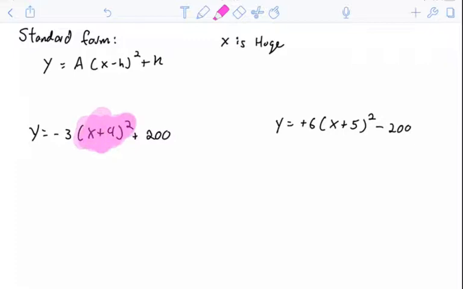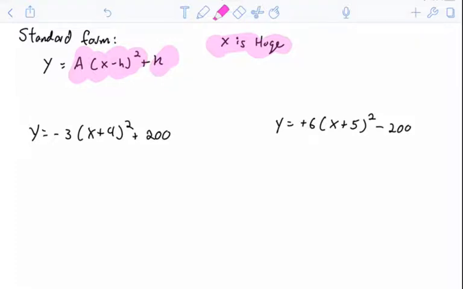Similarly here, a really big number all squared. You'll note that the way the standard form is written, the thing afterwards doesn't depend on x at all. So if x is a huge number, guaranteed the first term is going to dominate over the second term. Guaranteed when x is huge, this term is going to be way bigger than this term.